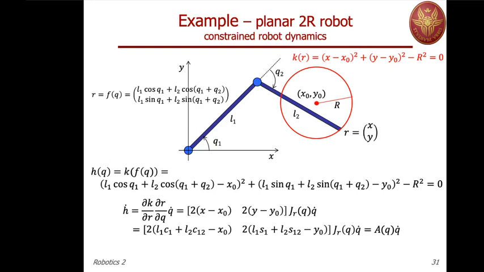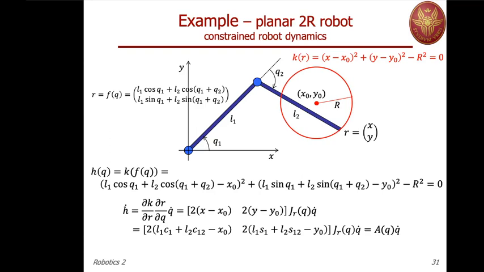Then we have the second Jacobian, let's say dr over dq, but this is nothing else than the analytic Jacobian of the 2R robot in position. So let's call this jr of q. And then we have q dot. So if we now replace in x and y the expression of the direct kinematics, we have the final formula.